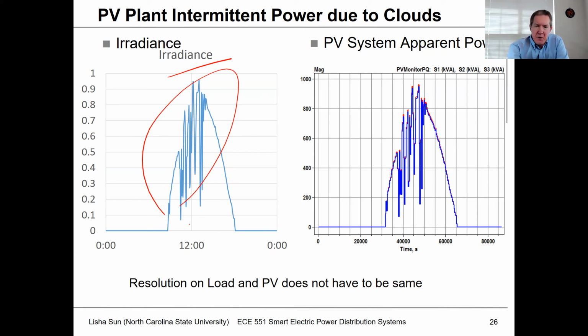We're assuming that the irradiance maps directly to a real power output for this array. So if you look at the irradiance and the real power output, there's a 1-to-1 correspondence between the two. There are different sites where you can get this sort of data, like the National Renewable Lab has a data set where you can pull this information for different locations in the United States.